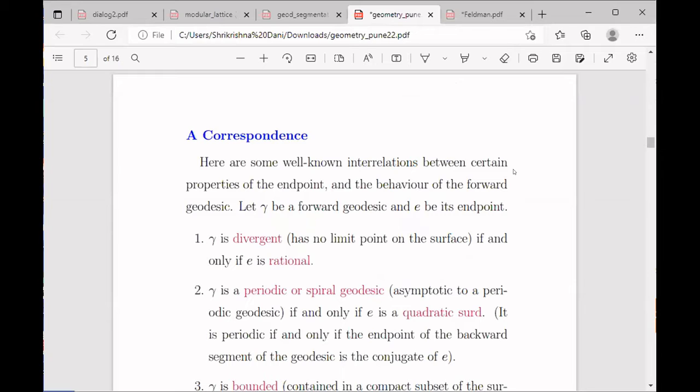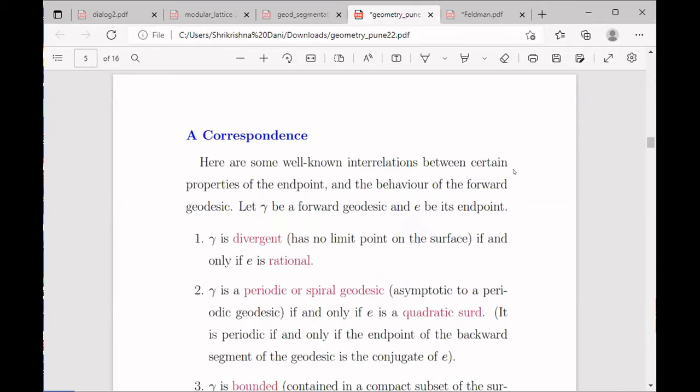The other simple things that I record are the periodic and spiral geodesics. I already mentioned that if you have two conjugate quadratic numbers, then the geodesic joining them is periodic when you look at it in the modular surface.